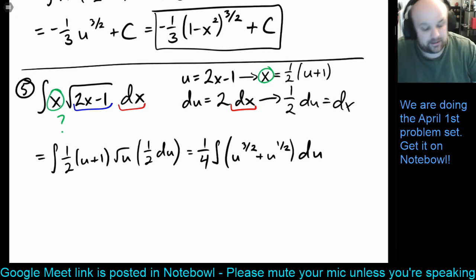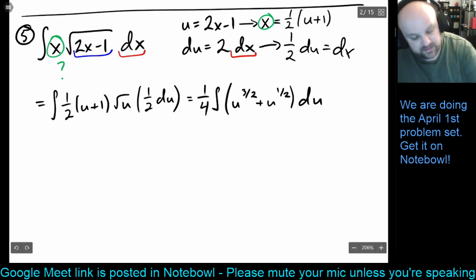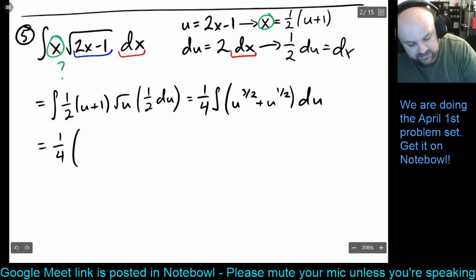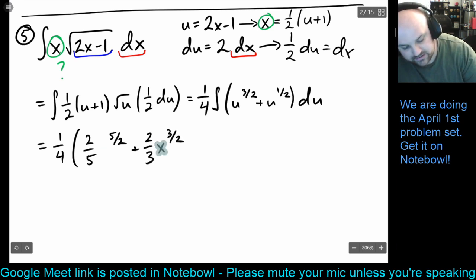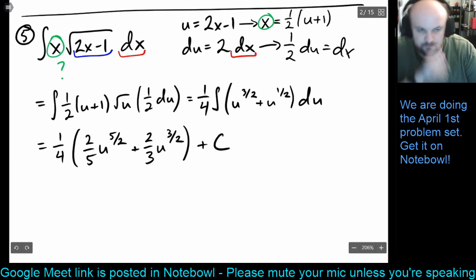And that's what we're doing here. So let's go ahead and integrate this. 1/4. This here is going to be 2/5 u to the 5/2. This here is going to be 2/3 u to the 3/2. Oh, sorry, these are u's, not x's. Plus c. Okay.